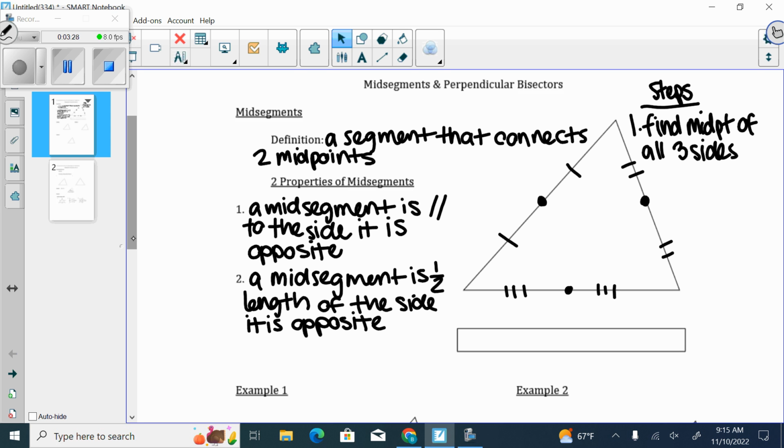The second thing that we would do would be to go in and connect all of these midpoints. Okay, so if I connect this point and this point, that's a midsegment. So I just connected two midpoints. I can do the same with these two midpoints and these as well.